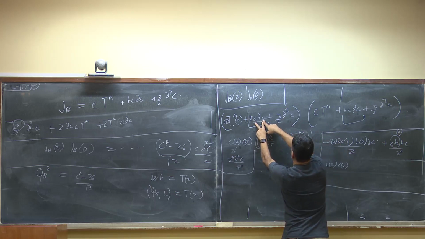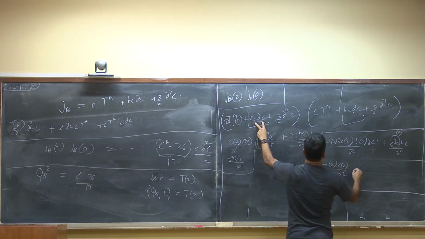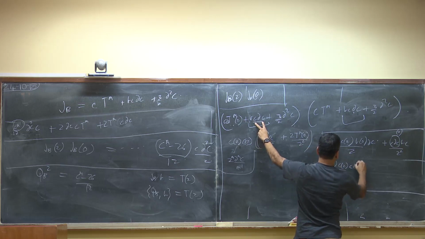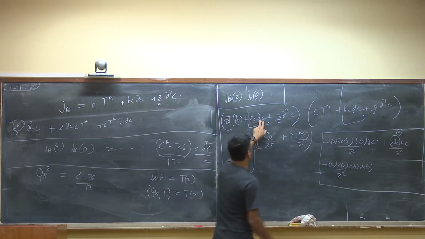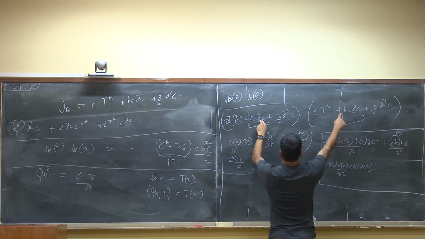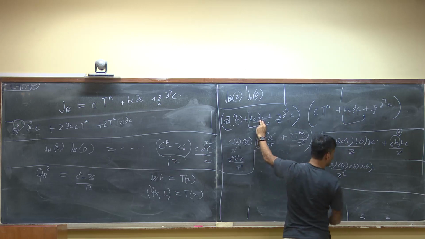Now we get 1 by z. Now this is a minus by z square, C of 0 del c of 0. And that will cancel the second term above. No, it might not.